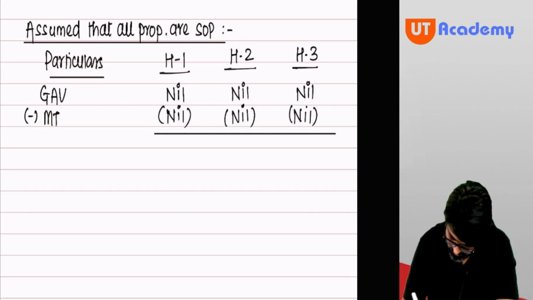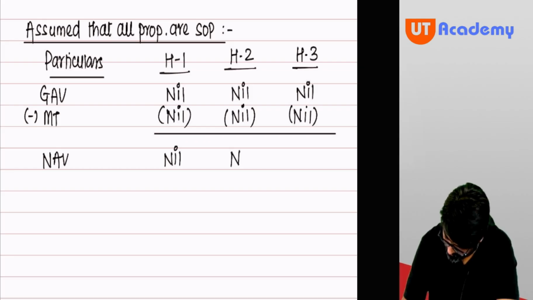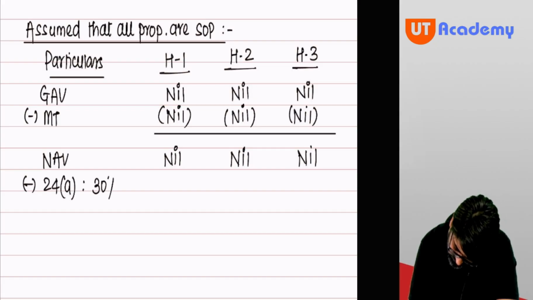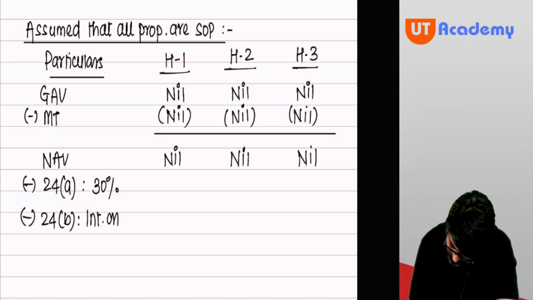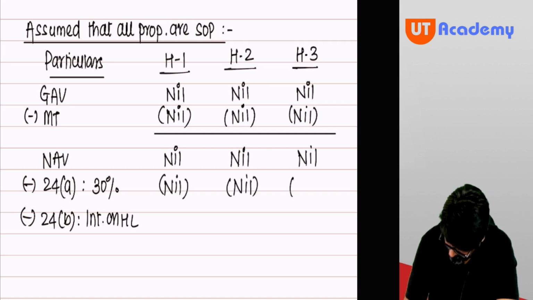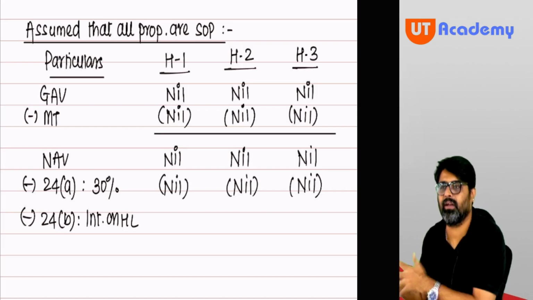So what will be the NAV? NAV will be nil. Minus 24 clause A, 30% standard deduction. Minus 24 clause B, interest on housing loan. Done, sir? So this will be nil, nil and nil. See, so fast this table is finished.